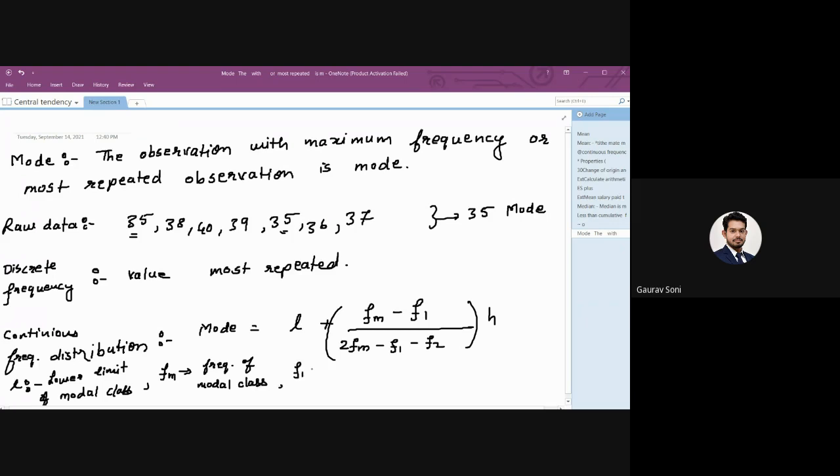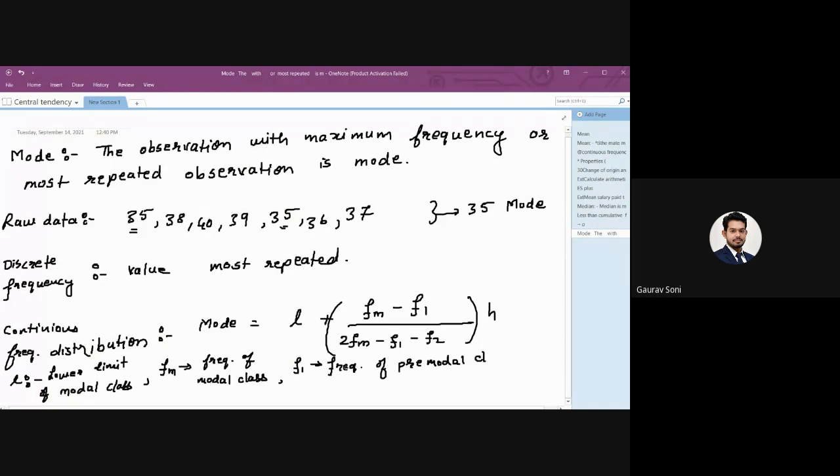F1 is the frequency of the pre-modal class. F2 is the frequency of the post-modal class.